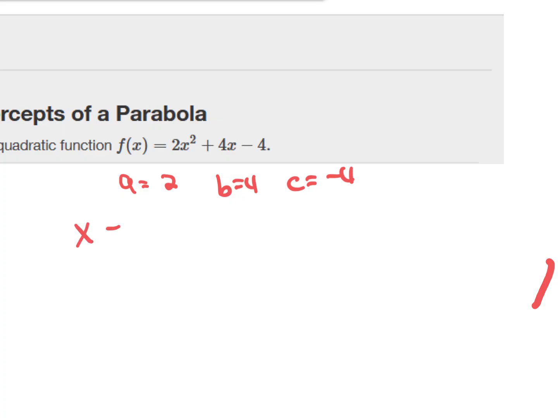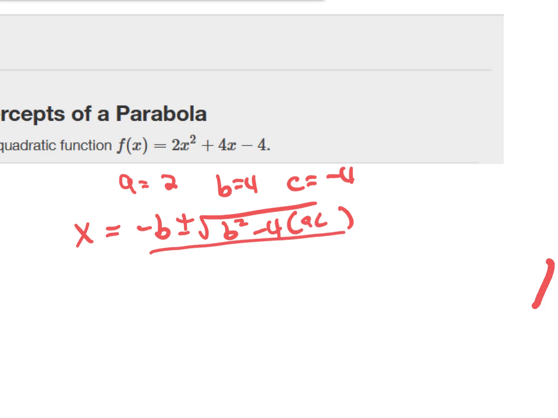To find the x-intercepts, those are my solutions. I'm solving this quadratic. X equals the opposite of b plus or minus square root of whatever b is, square it, minus a 4. And I always say a times c, which in this case, I'm just going to put it first. This whole thing divided by 2 times a.